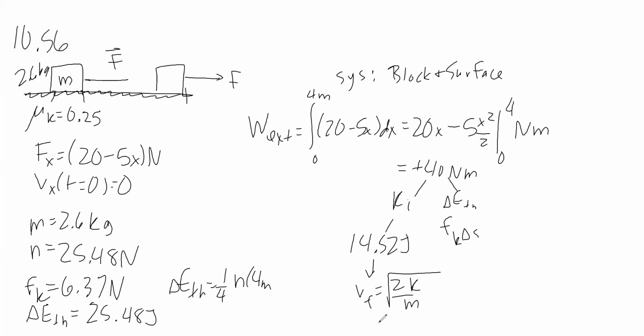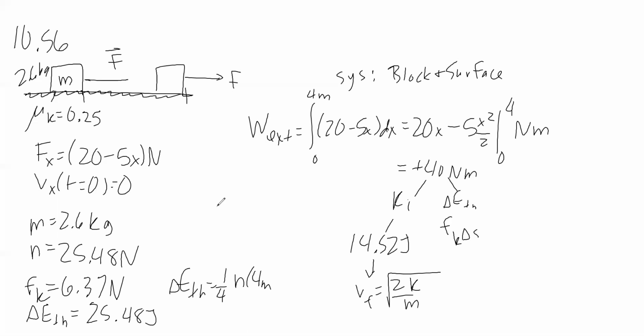I can do all the simple multiplication and addition really quickly, but I can't do that. So that is how you find the final speed of the block after it's gone 4 meters with that variable force and that specific coefficient.